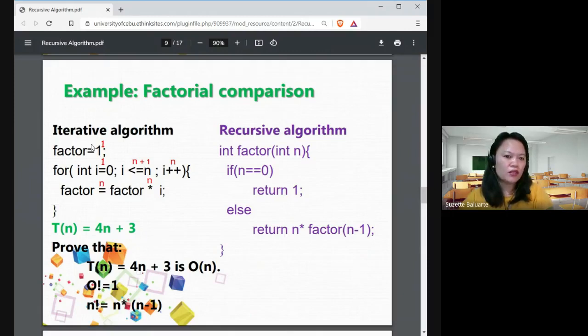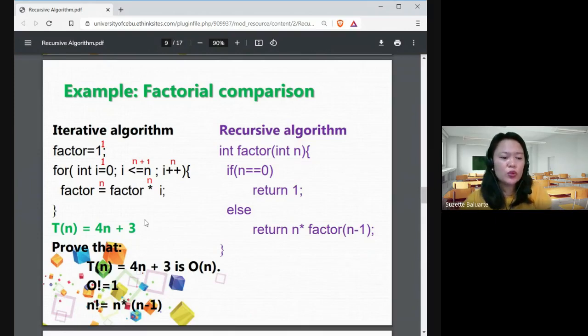When you count that one, that is 1. And then for i equals 0, i less than or equal to n, then i plus plus. So in iterative, as we recall, this is how we are going to put a label. And then this is n, and then this is another n. So when you derive this particular code in iteration, it's 4n plus 3.